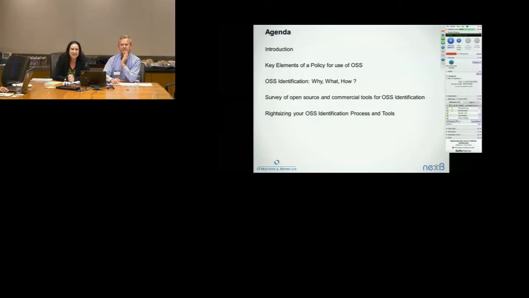Okay, so today we are going to do a brief agenda. We're going to talk about the key elements for a policy for use of open source software. We're going to talk about the process of open source identification, why, what, and how, a survey of open source and commercial tools for open source identification, and right-sizing the open source identification process and tools.